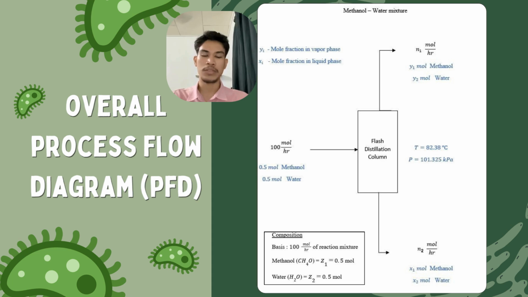For the temperature, we take the sum of the methanol and water temperatures and divide by 2 as the midpoint temperature, and for the pressure we use 101.325 kilopascal.